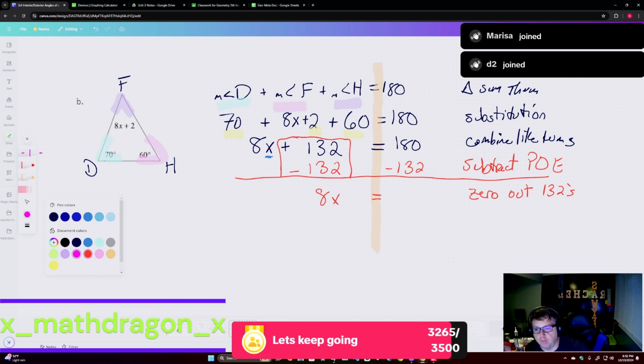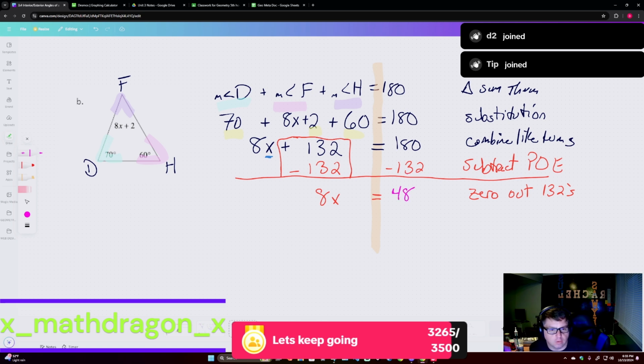Okay, so now that we've done that, we're going to do 180 minus 132. And if you ever do this, I would always do 8 minus 3 and get a 5. You're like, but you always got to borrow. Yeah, but if I know that, I know 50s, well, then this answer is going to be 40, and then I can just borrow and turn it into a 48.